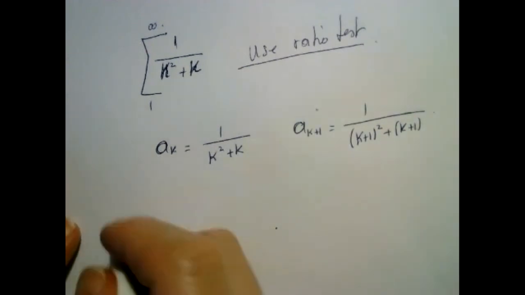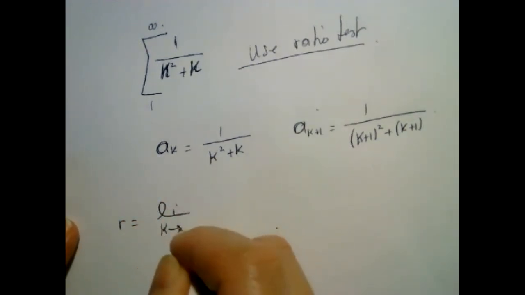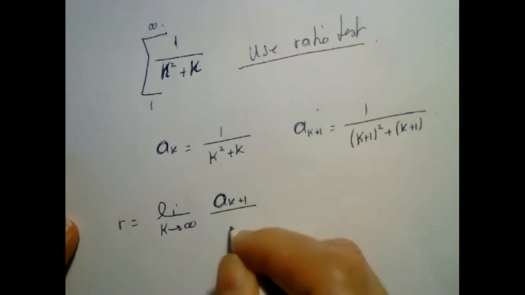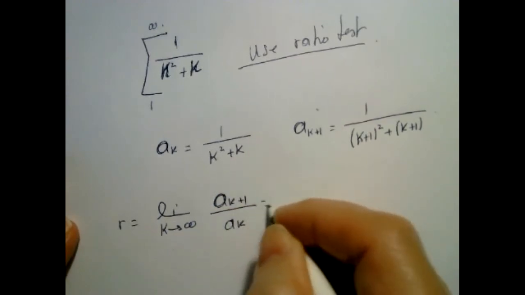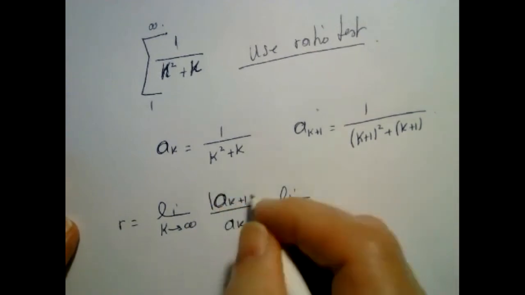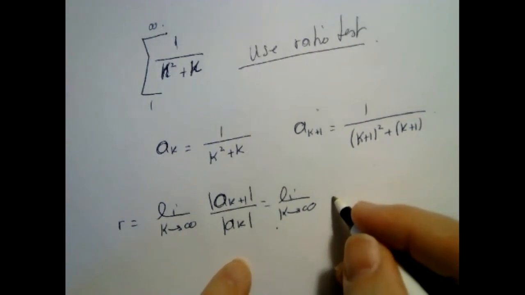All right, so now let us compute the ratio of a_k plus 1 over a_k. So that's the limit as k goes to infinity. Again, those are positive, so even if I put the absolute value, it doesn't really matter.